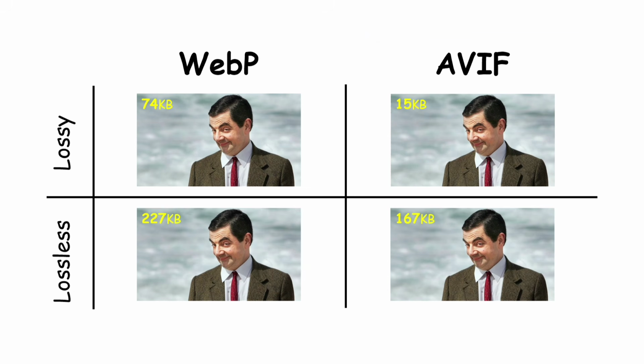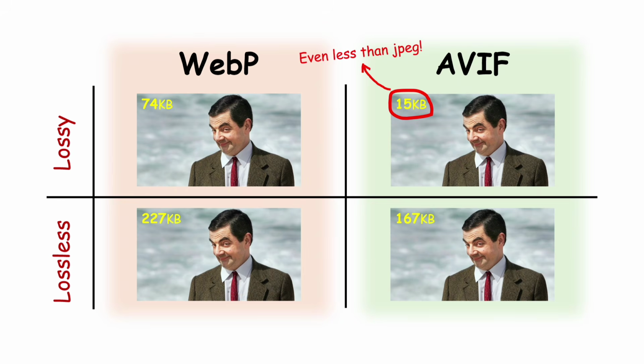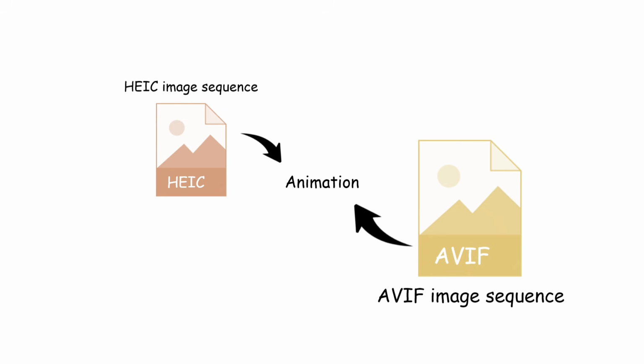But in most cases, it performs more efficiently than WebP in both modes, and as a result, the final file is smaller in size. AVIF, exactly like HEIC, can also support animation with the HEIF container and become an AVIF image sequence or an AVIFS file.